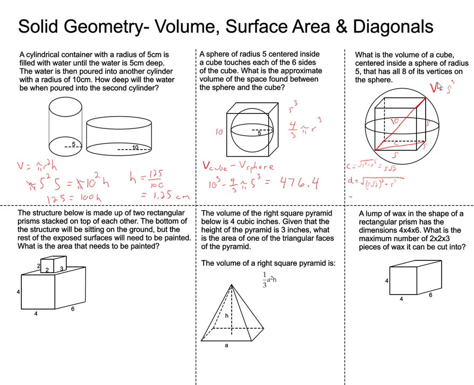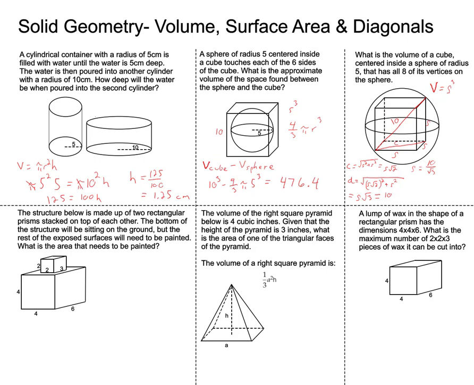And that is going to simplify to s square root of 3. So s square root of 3 is equal to a diagonal. We know the length of the diagonal is 10, so we can set that equal to 10. That's going to give us s is equal to 10 over the square root of 3.